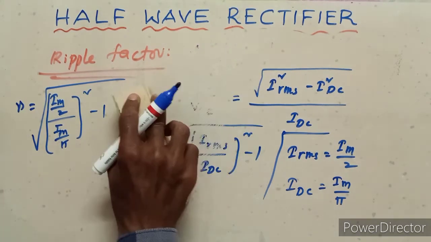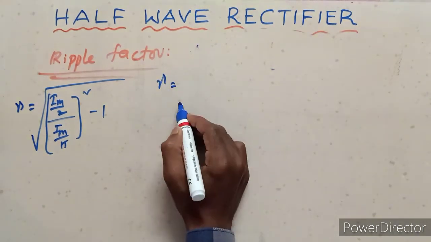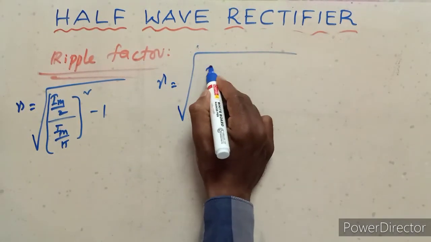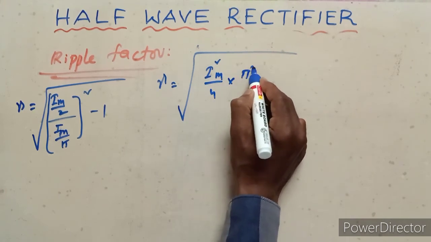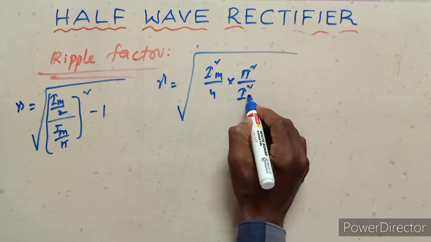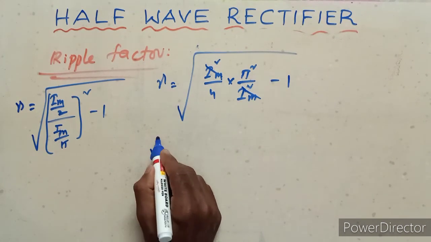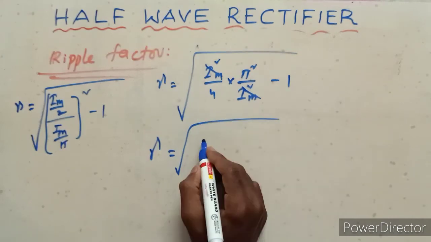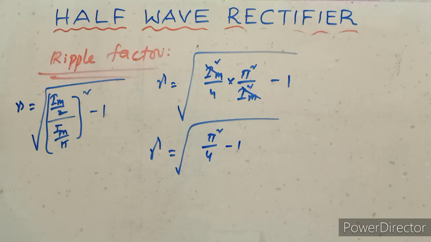That can be written as gamma equals under root I square m upon 4 into pi square upon I square m minus 1. So I square m cancels. Gamma equals under root pi square upon 4 minus 1.